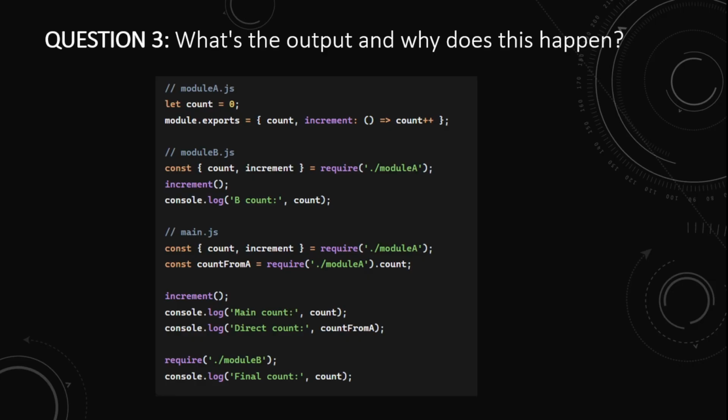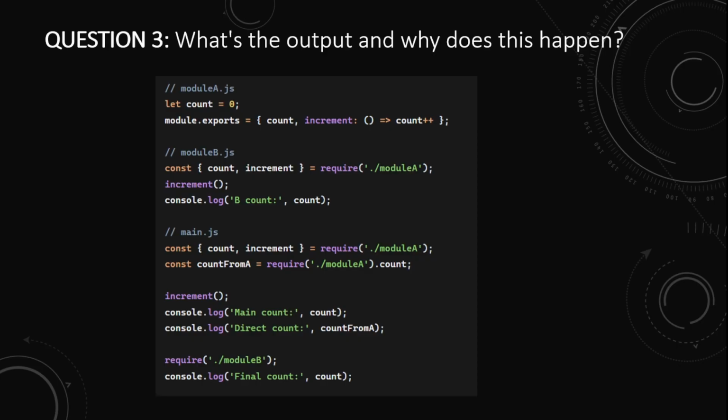Later on, countFromA is declared from the count variable which exists in module A. So again, main.js also executes the increment function, and there are console logs for printing count and countFromA, and then again module B is imported and the count value is printed.